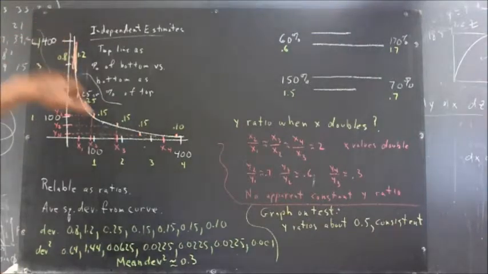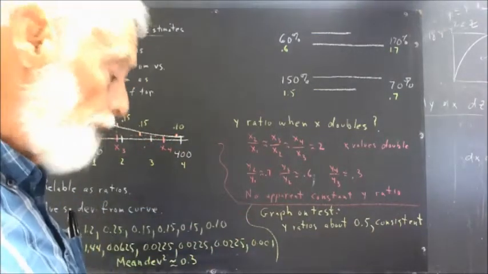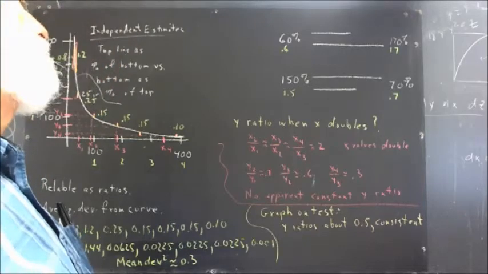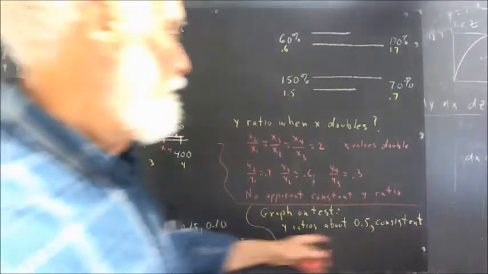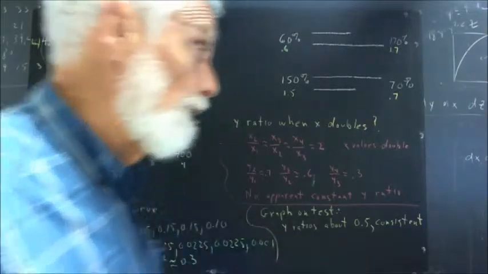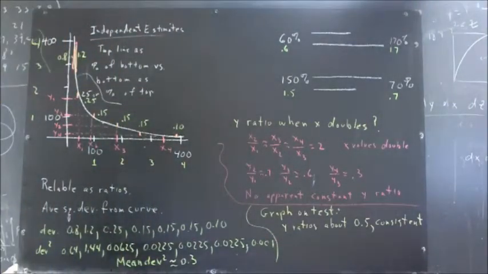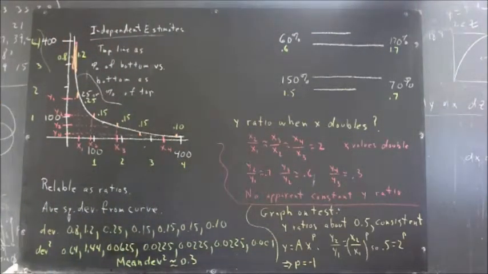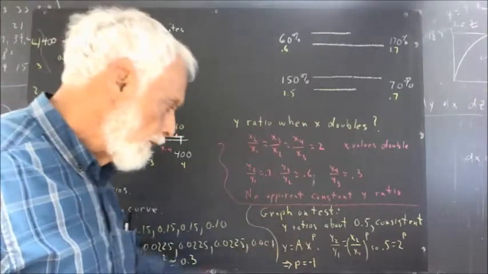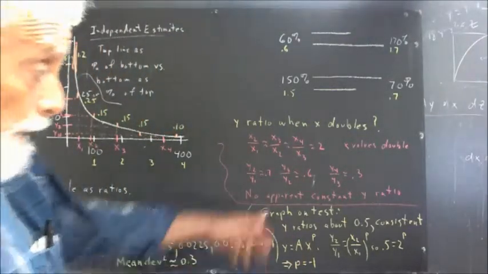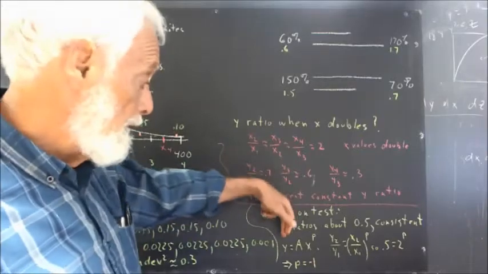Well, that's largely because this is a hand-drawn graph. If you do this using the graph on the test, you will find that the y ratios are pretty consistent at about 0.5. Now you can see problem 1 for a more detailed explanation, but same idea here.